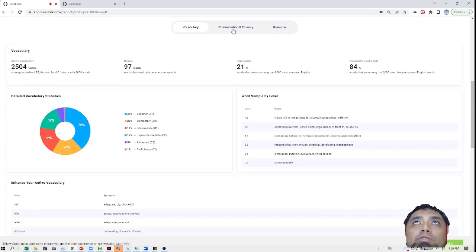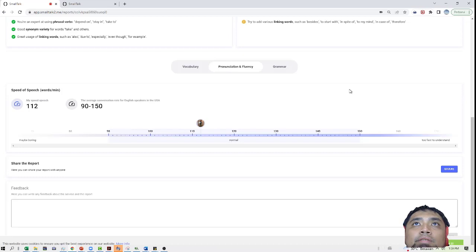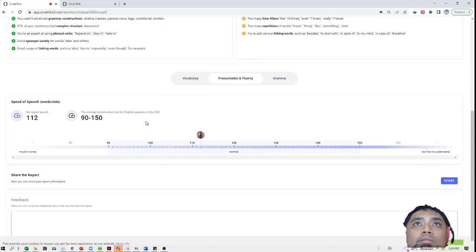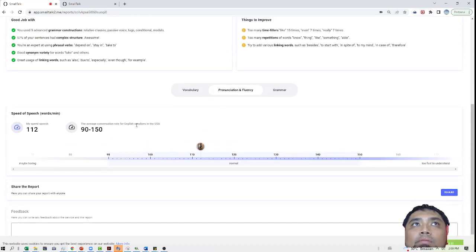Terus masalah pronunciation juga ada di sini. Sepertinya saya bicaranya sekitar 112 kata per menit. Sedangkan average conversation English for English speaker in USA 90 sampai 150 kata per menit. Nah, kira-kira seperti itu. Jadi masih dalam standarnya ya.